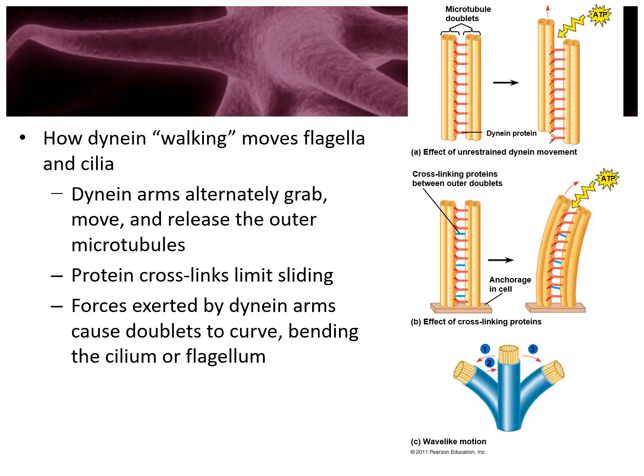When it's time to move, the motor proteins walk along one of the strands and are connected permanently to the other microtubule, and that causes a bending movement. That's what causes the flagella to flip back and forth, or the cilia to flip back and forth.